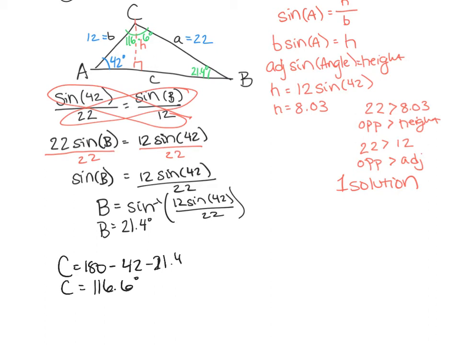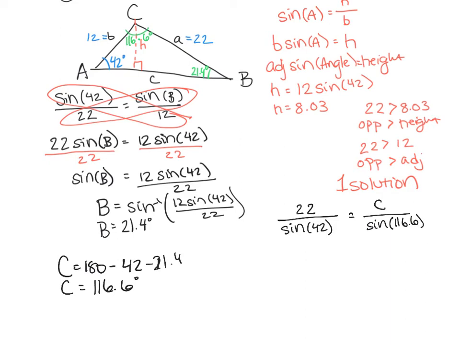And then last but not least, I have to go back and solve for my side length of C. So let's do a similar setup. I'll do sides on top just so you can see what will happen. 22 over sine of 42 is equal to C over sine 116.6.